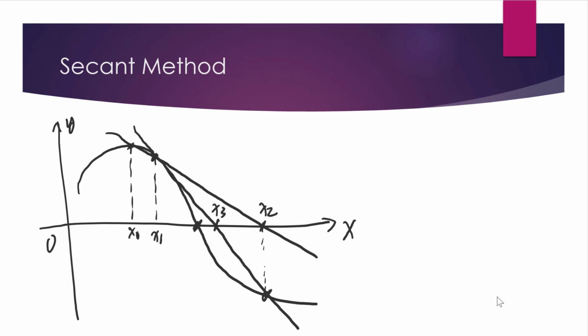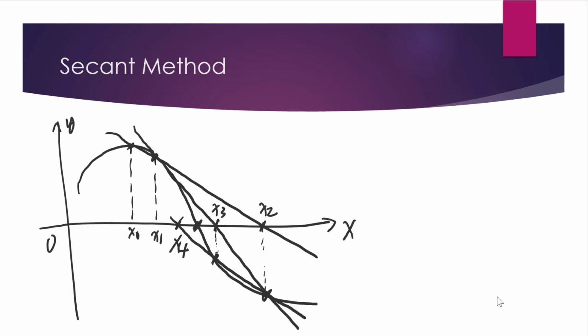Based on this value, you find the function value at this point, and then draw another secant line connecting the function values at x2 and x3. Again, the intersection point is x4.